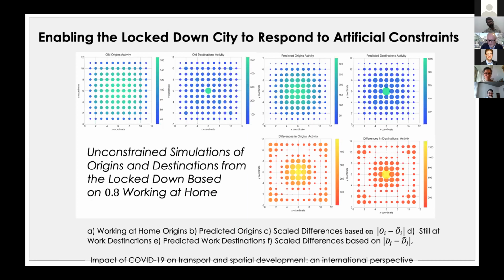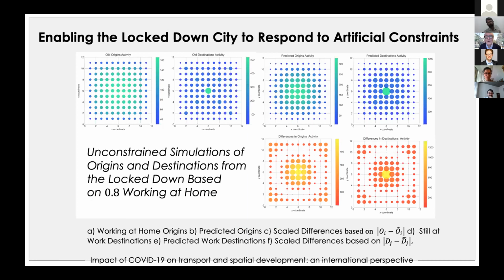And we have the destinations which contain people working from home, which is very different from the monocentric pattern that we imposed, because we've moved people. We then run our unconstrained simulation model, and we look at how people might adjust according to that model.